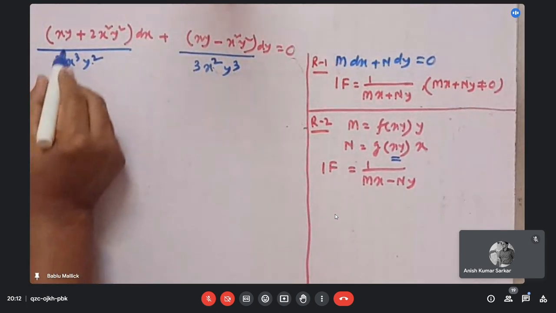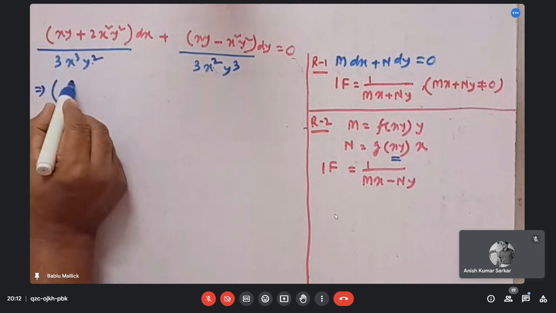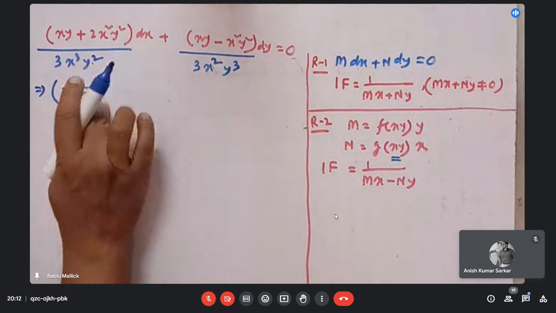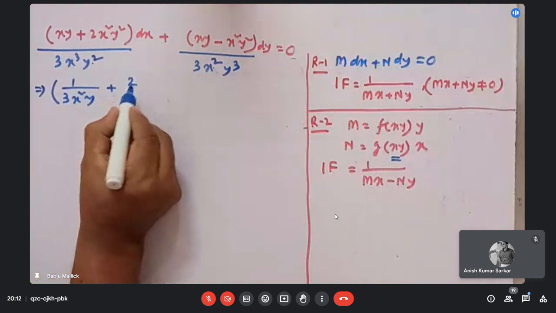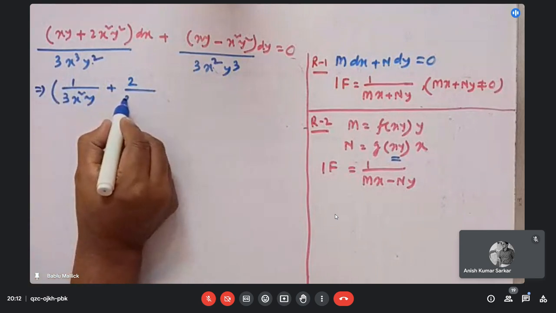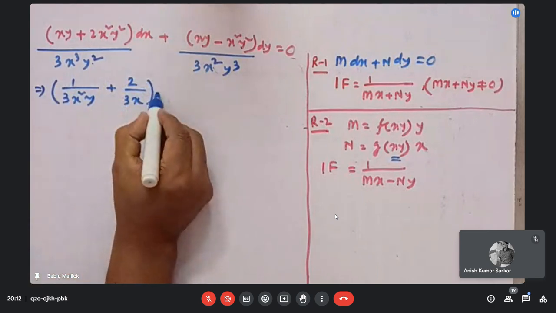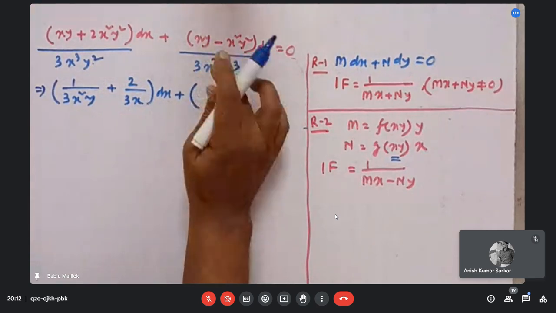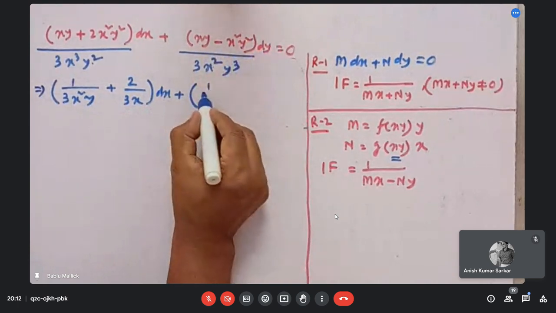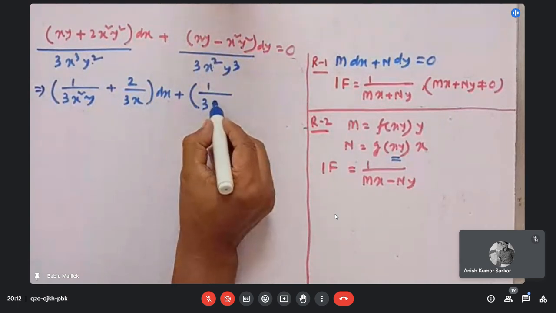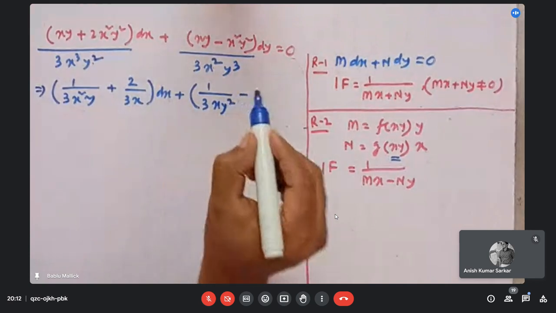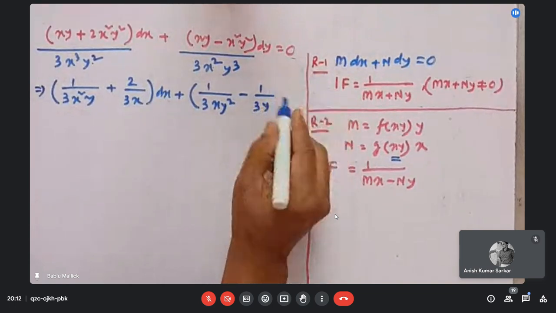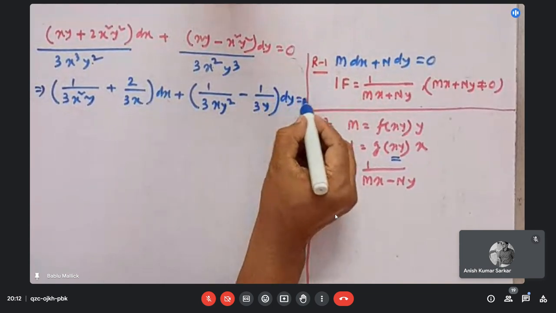So this will give you, if you now separate it, 1 divided by 3x²y plus 2 by 3x, this dx, plus, if you separate it, 1 by 3 xy² minus 1 divided by 3y, this dy is equal to 0.